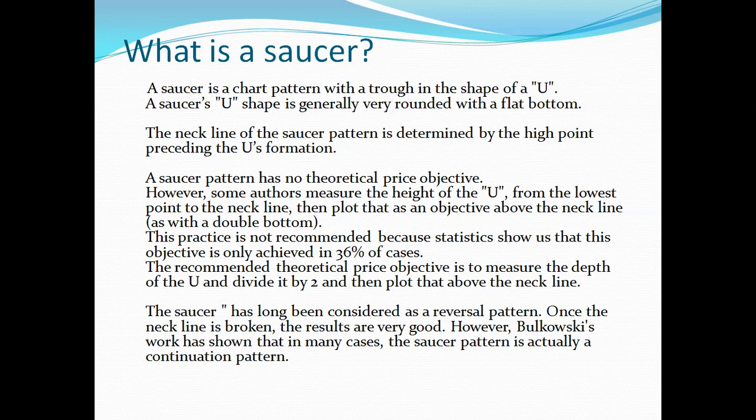This practice is not recommended because statistics show us that this objective is achieved only 36% of the time. Please remember, the recommended theoretical price objective is to measure the depth of the U, divide it by 2, and then plot that above the neckline.